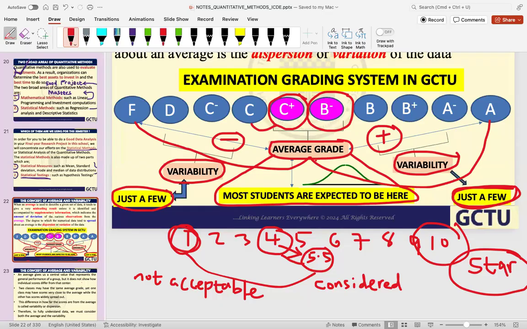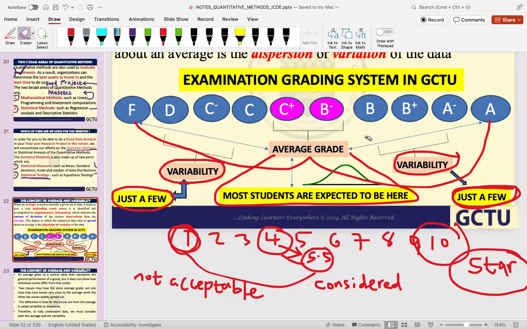But if you try and move away from the center, your movement should not be too much. Your movement should be closer to the average. So movements like C plus to C and B minus to B is okay, and it looks normal.